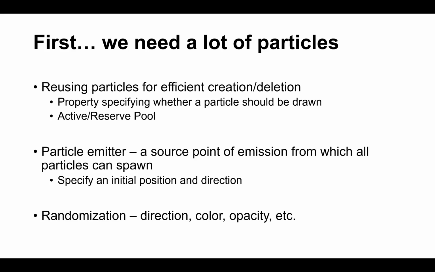The key element of this is that you would specify a general position and direction, and then have some sort of randomizing effect that would cause the actual direction to vary from the specified initial position, based on whatever algorithm you would like.